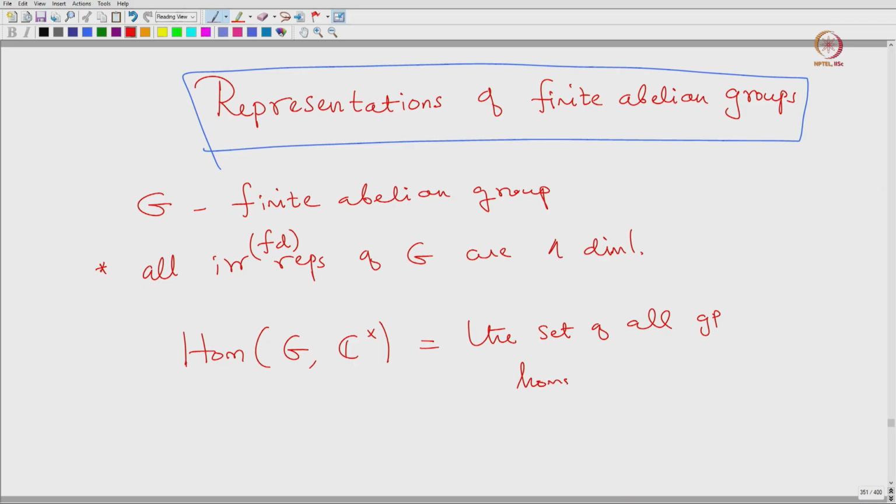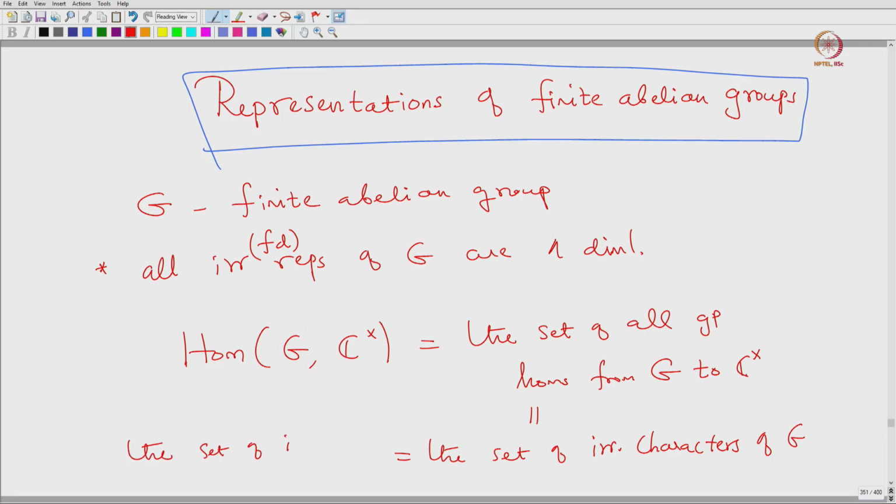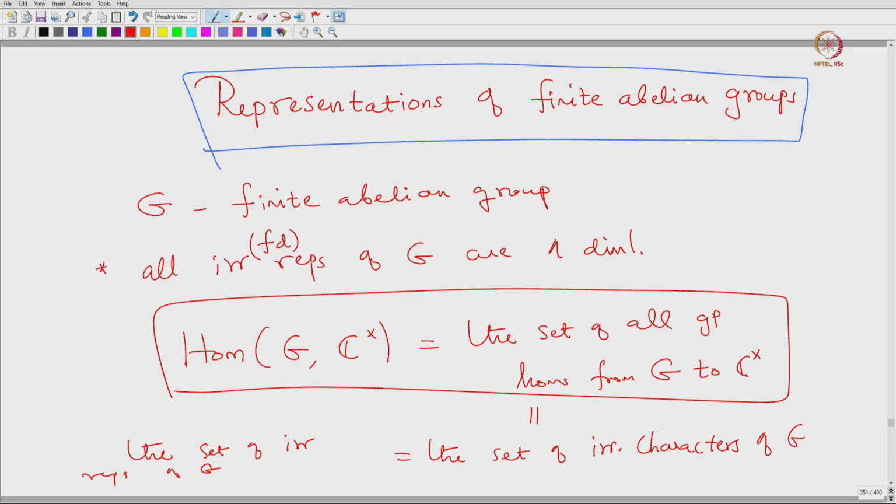This is the set of one dimensional irreducible representations of G, and this can be identified with the set of irreducible characters of G, which is the same as the set of irreducible representations of G. Because of this we are going to only work with this particular set.